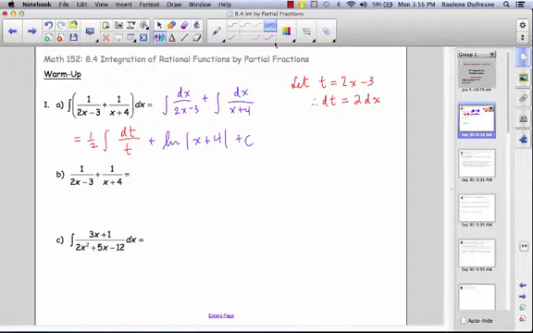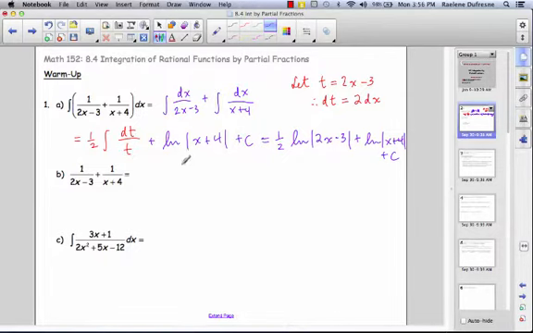And I can put a constant already, and when I finish integrating this and back substituting, I get 1/2 times the ln of 2x minus 3 in absolute values, plus the natural logarithm of x plus 4 in absolute values, and then plus c.